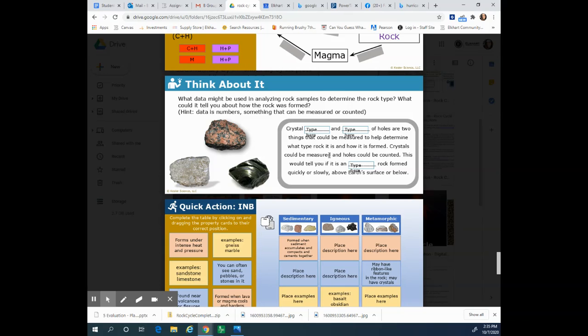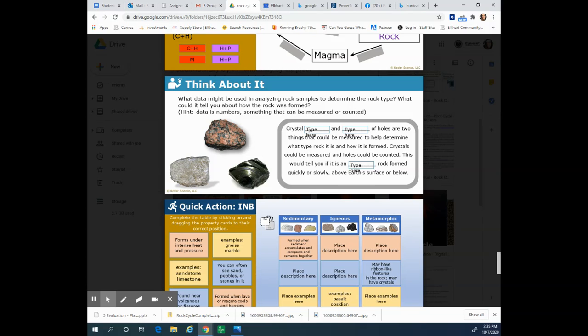Crystals could be measured and holes could be counted. And this would tell you if it is a blank rock formed quickly or slowly above Earth's surface or below.